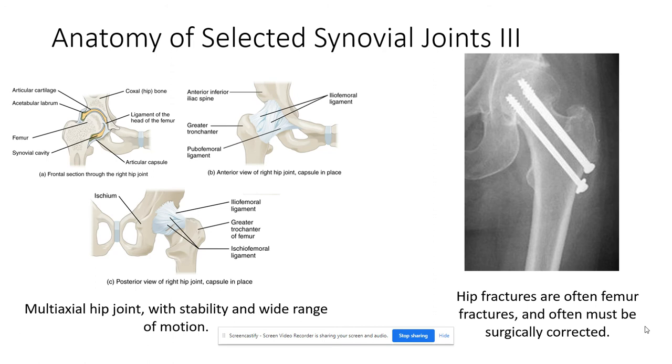Here, you have a multi-axial hip joint that provides stability and a wide range of motion. In the diagram to the far right, I think this is an MRI or an X-ray, you have a hip fracture, and you're able to see where the screws and bolts have been implanted to provide support after surgery.